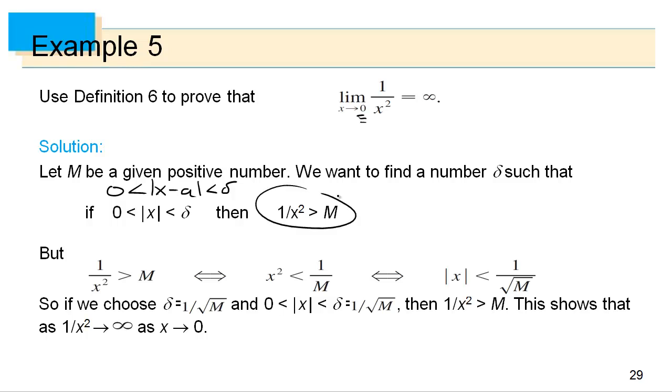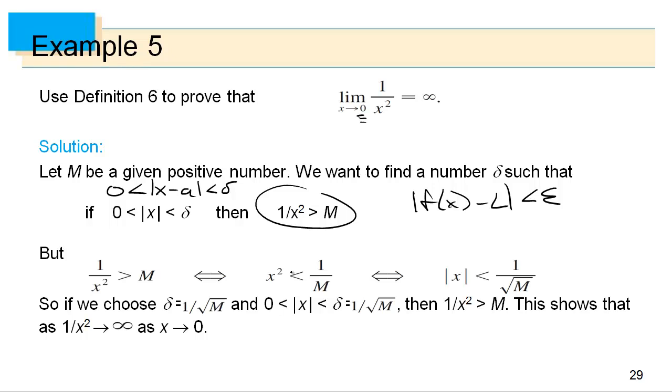Well, starting with this, just like before, remember we started with the absolute value of f of x minus L being less than epsilon and did some manipulations. Same thing, we start with this piece, we do some manipulations, so 1 over x squared greater than M, multiply both sides by x squared and then divide both sides by M, and you get this new relationship. Take the square root of both sides, you get this, and you know that the absolute value of x is less than this, right?